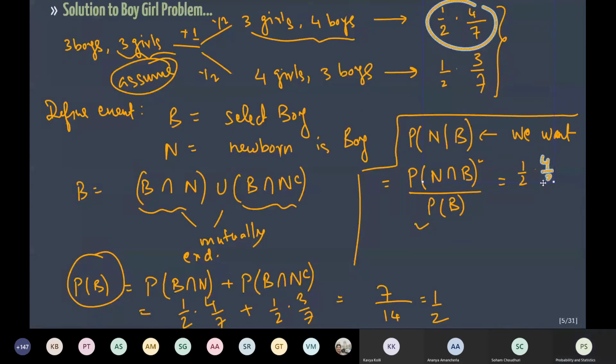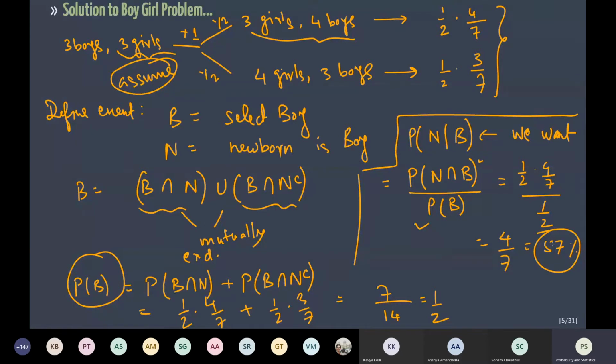Half of 4/7, and then probability of B we calculated. This is half. So this turns out to be 4/7. So 4/7 would be how much? 0.57, which is a 57% chance.